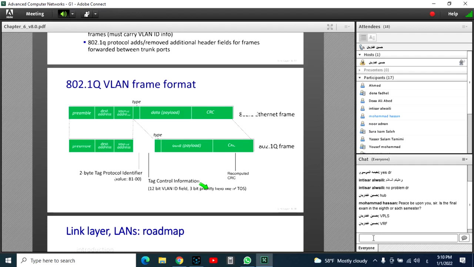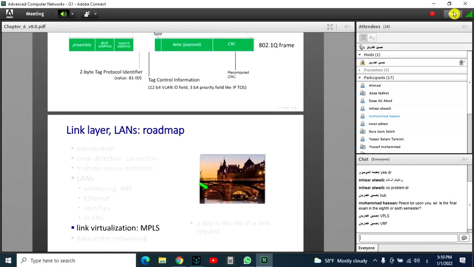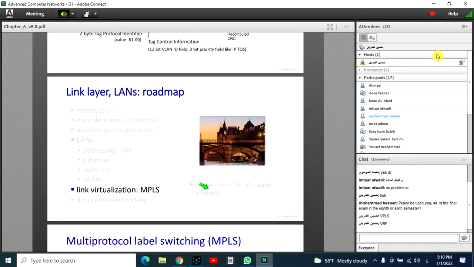Those switches are 802.1Q VLAN protocol capable. They have to know about the VLAN protocol, especially 802.1Q. Otherwise, I cannot use VLAN here. But it's a necessity inside my network. I have to use this one here.